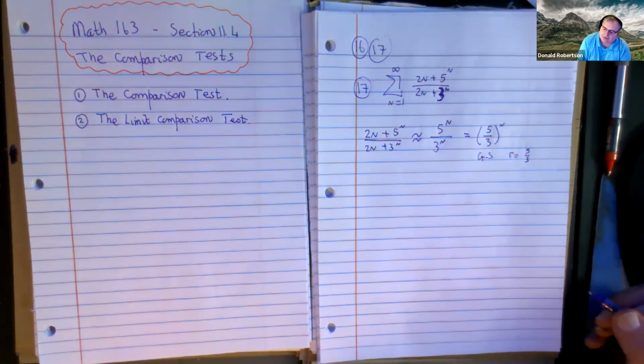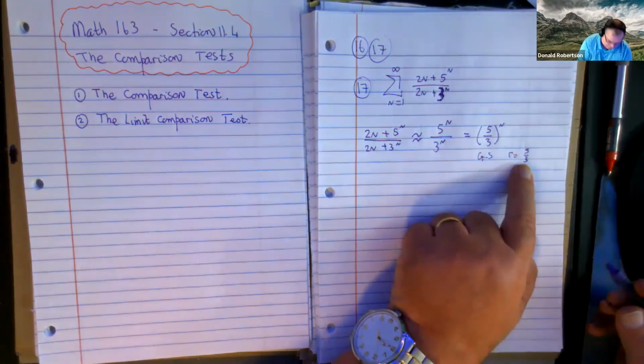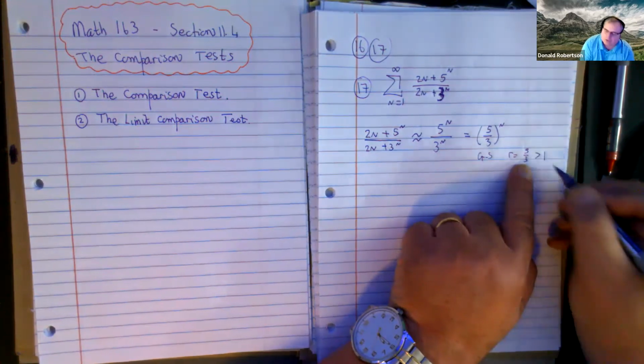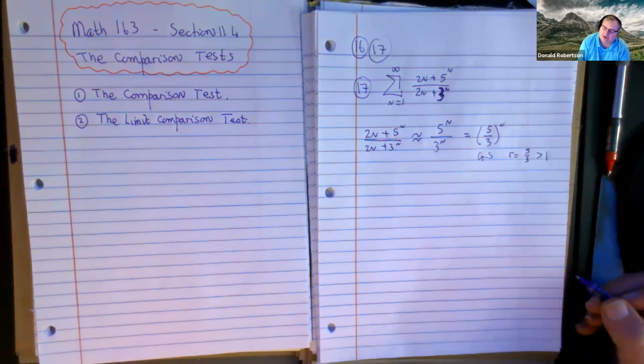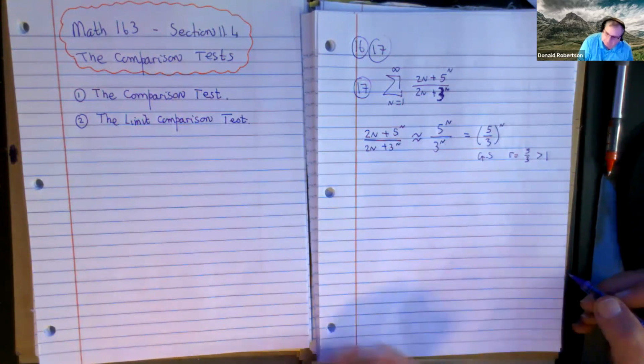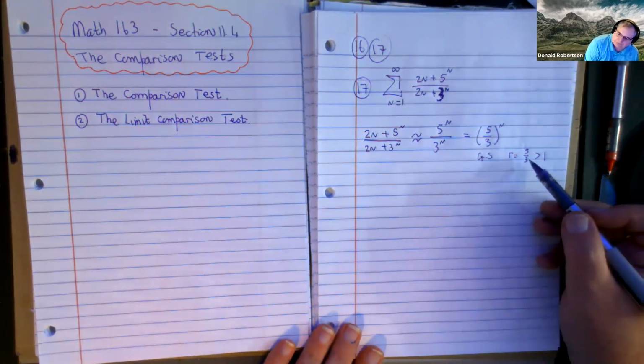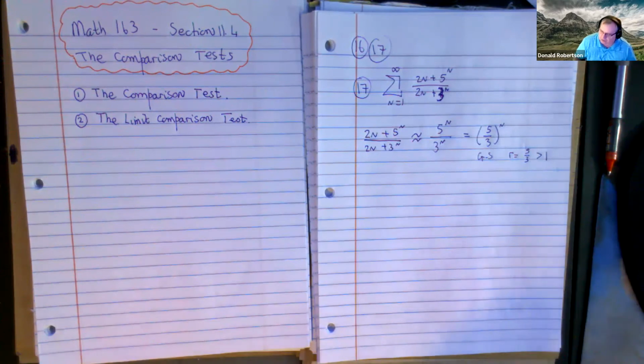What do you know about a geometric series whose common ratio is 5/3, which is bigger than 1? Converges or diverges? Geometric series, common ratio bigger than 1. Converge or diverge?